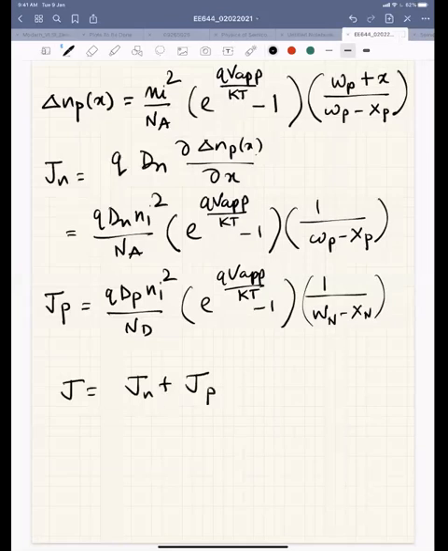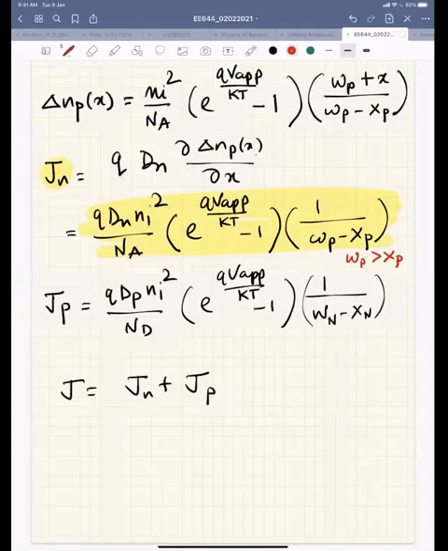So here, if you see this equation, this is the electron current. I assume that Wp is smaller than Lp, but I could also make one more assumption, that Wp is more than xp, where xp is the depletion width within the p region.